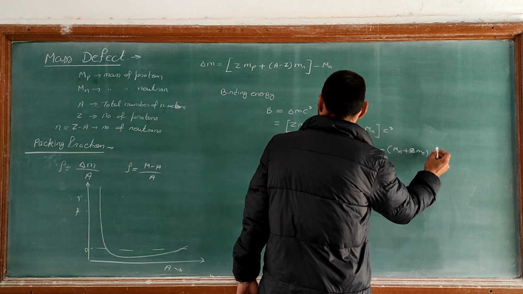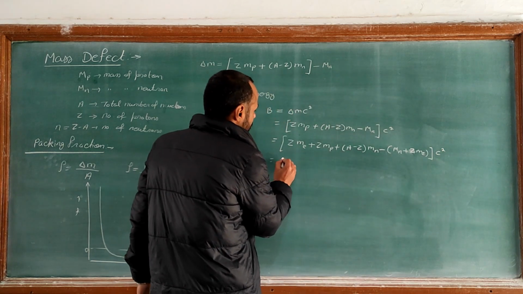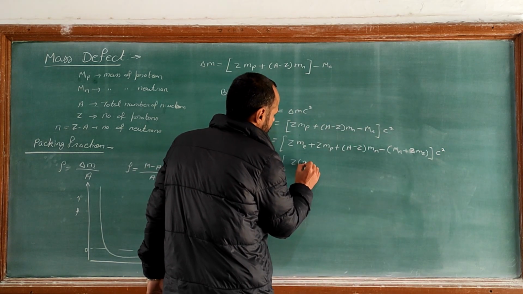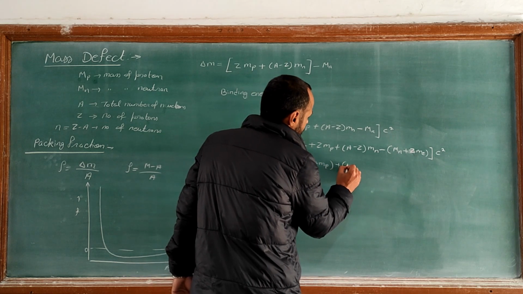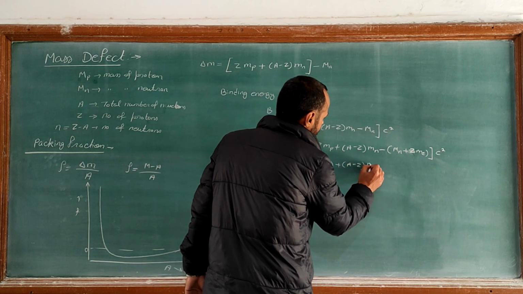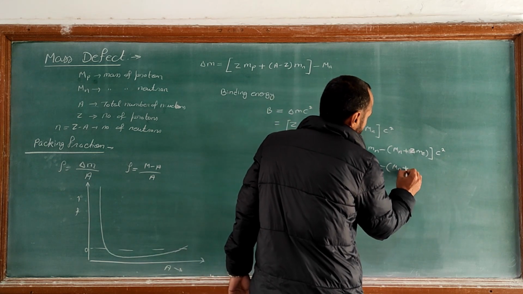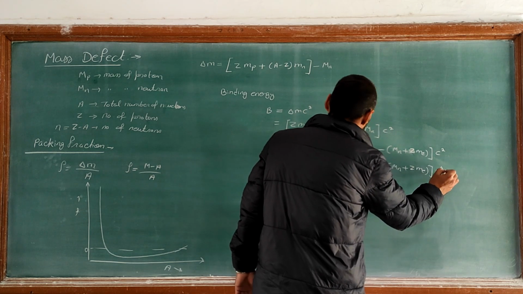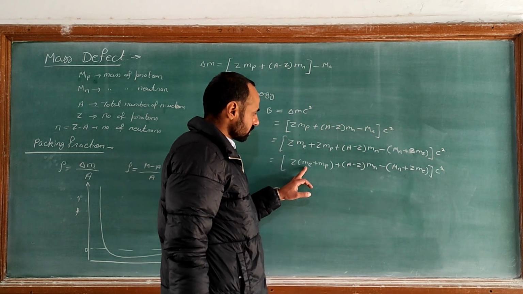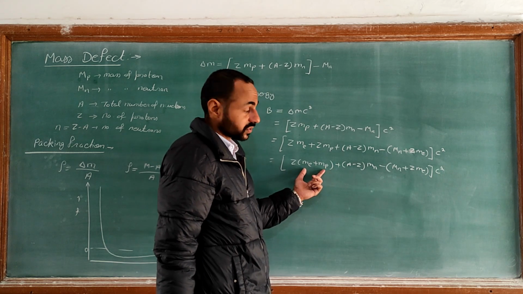So Me represents the mass of the electron. Here Z is common: Me plus Mp, plus (A minus Z) Mn, minus Mn plus Z Me, into c squared. This Me, mass of electron, plus mass of one proton, is the mass of the hydrogen atom.